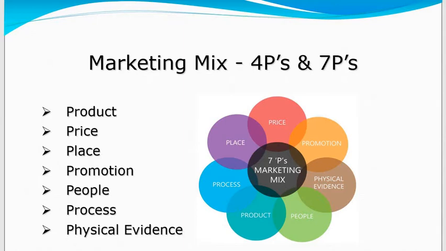When it comes to the people, we are thinking about the employees of the company. And in services, it's a very relevant part of the marketing mix for these types of industries.